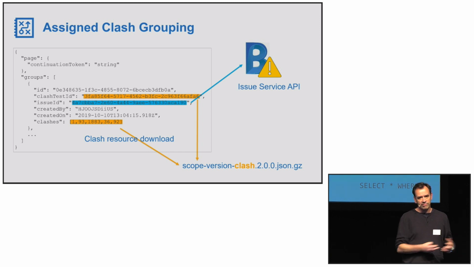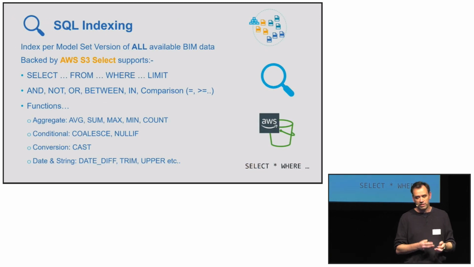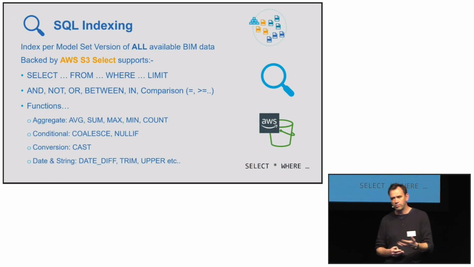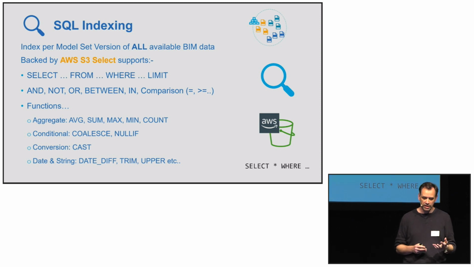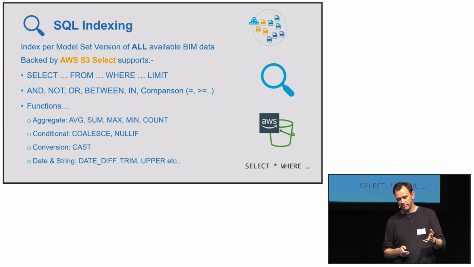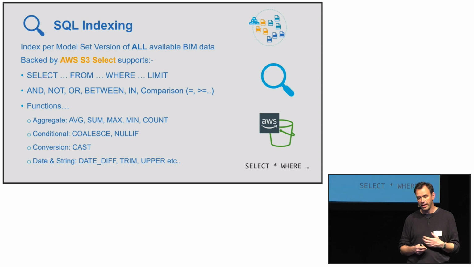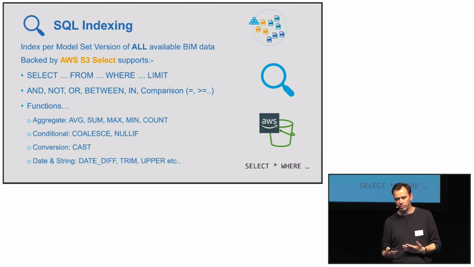So on to another side of things that you can do with a model set version. Because we store all the BIM data associated with all the objects in a model set version in our back end, you can do SQL commands against that. And you can pretty much do most of the select functionality against our index service.